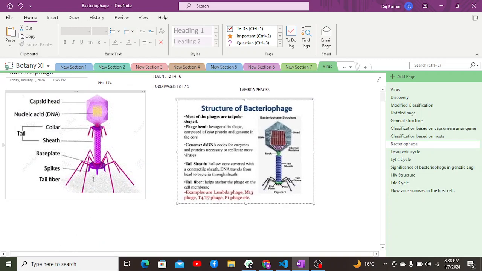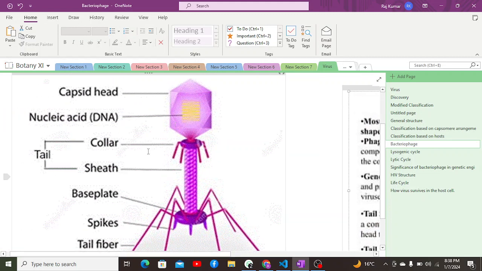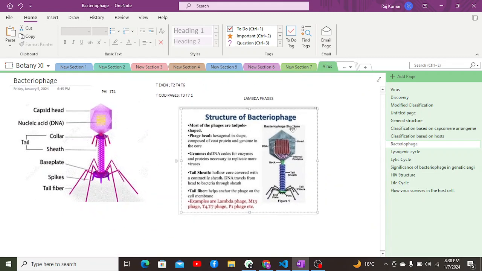When it comes to some other structures found here, let us discuss them one by one. First and foremost, there is a capsid head. The structure is quite complex because it is divided into the head part, tail part, as well as the tail fibers.